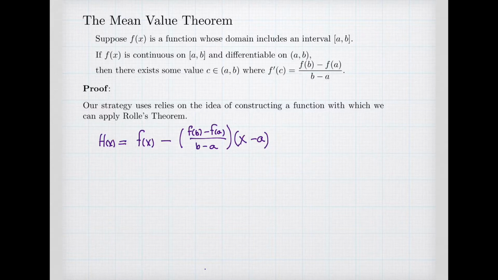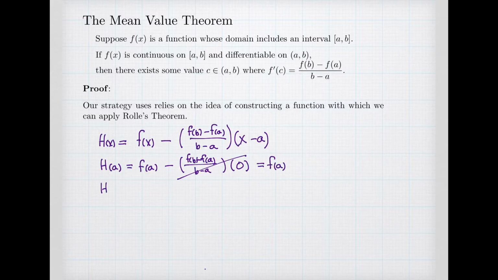Well, how does this work? H evaluated at a will be f of a minus this slope, the average rate of change, times a minus a. That's 0. And so the second term goes away, and I get h of a is the same as f of a.